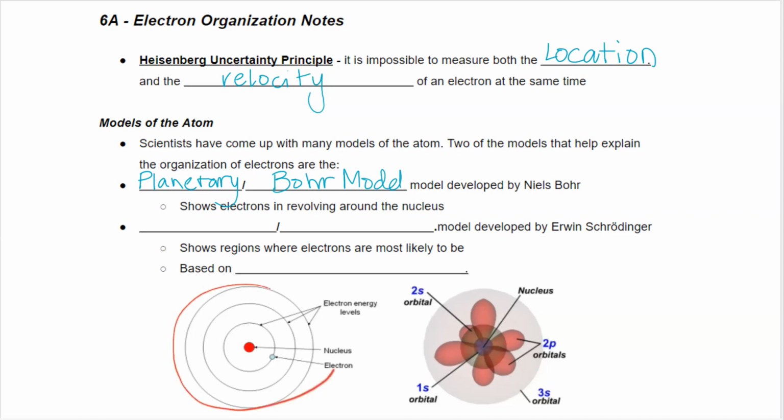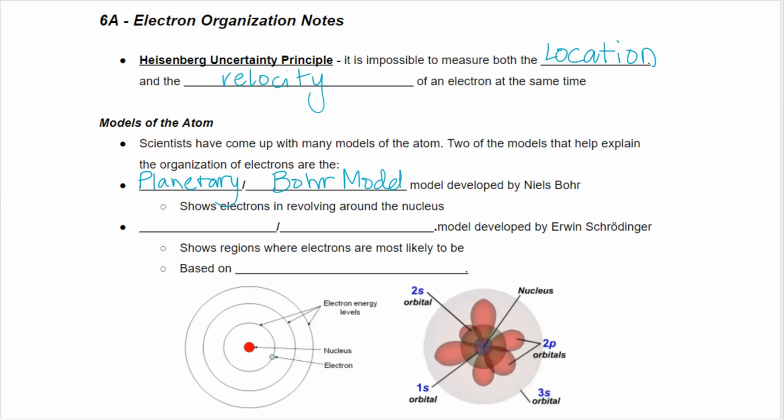This is the Bohr model. It's the one we've been drawing, where we put the nucleus in the middle of the atom, and then we put the electrons on rings, otherwise called energy levels, around the atom. And this model is super useful because it shows how electrons are moving around the nucleus, and it shows that electrons are in different energy states.